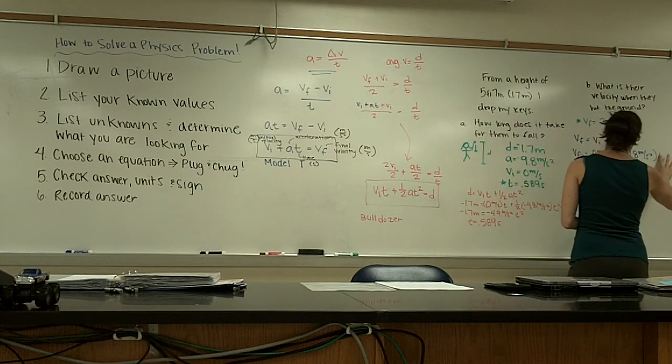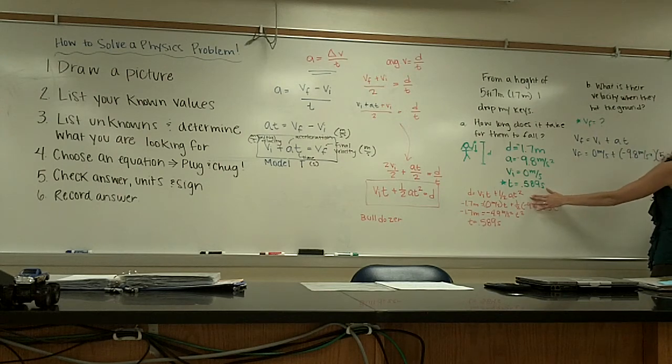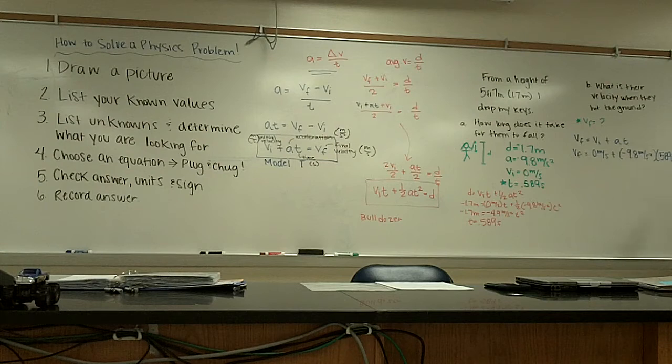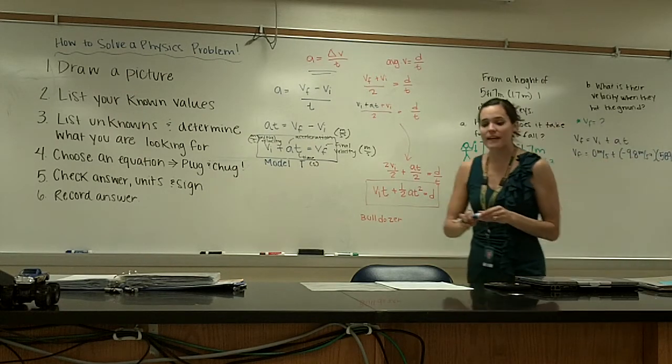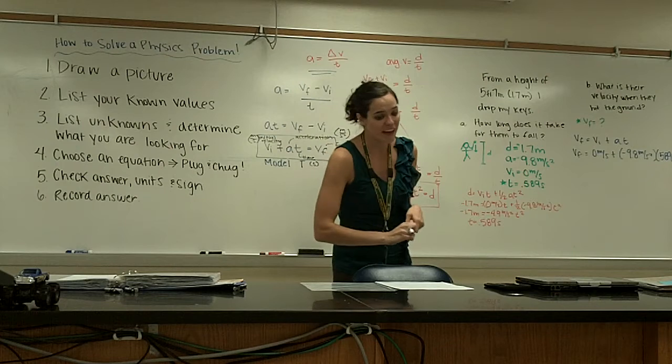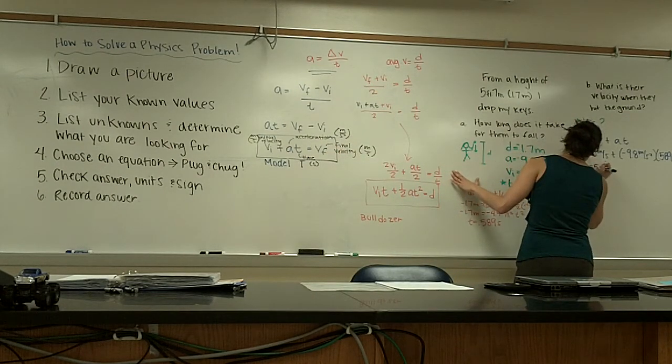Oh, and my time is what we just solved for. It's 0.589 seconds. This is a pretty easy problem to plug into your calculator. 0 is 0, and negative 9.8 times 0.589 is going to give you an answer that says VF is equal to negative 5.7 meters per second.